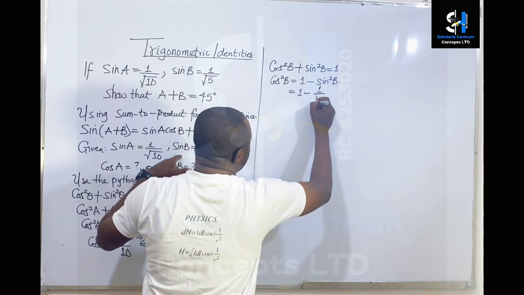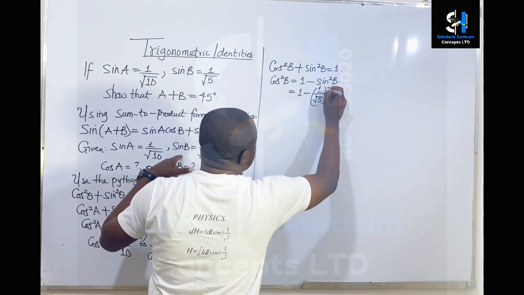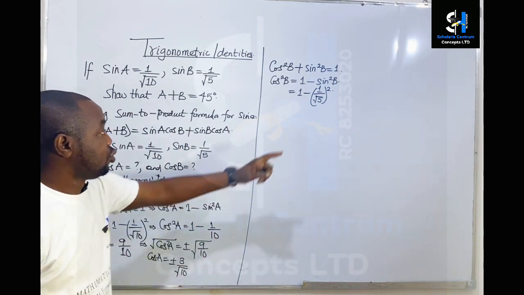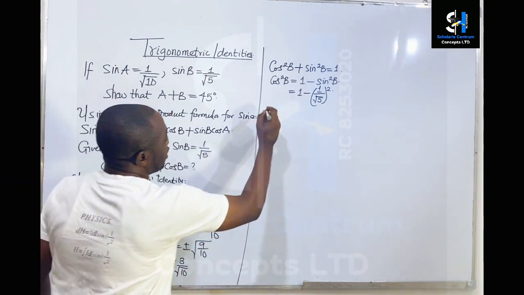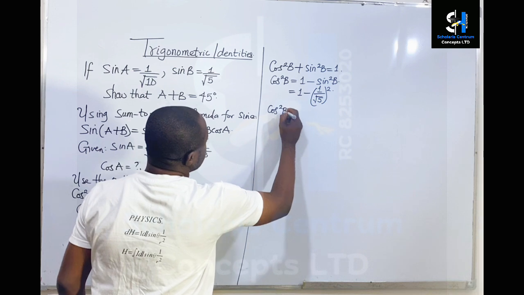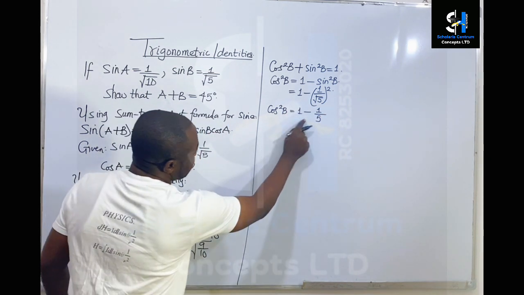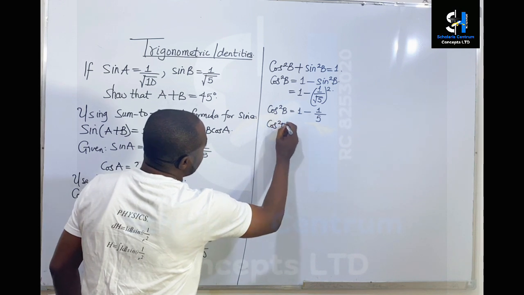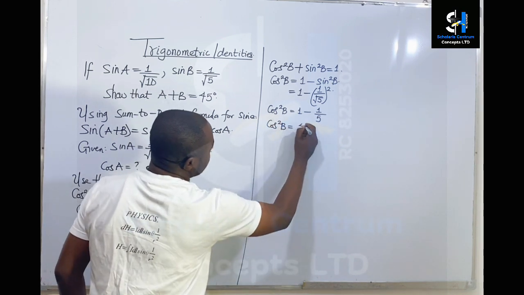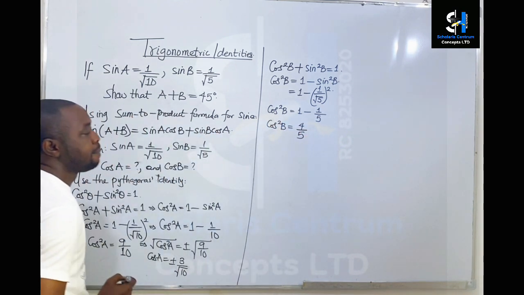So we have 1 over root 5 raised to the power of 2, because we have sine squared B. So cos squared B equals 1 minus 1 over 5. Now, if we simplify this, we're going to have cos squared B equal to 4 over 5.